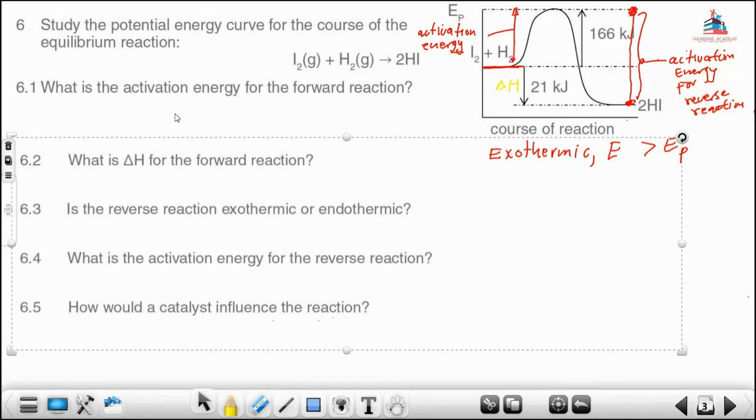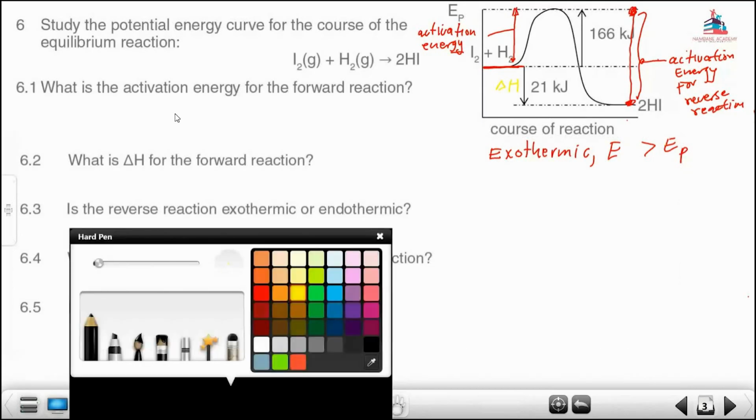Let's check the questions. What is the activation energy for the forward reaction? Can you see that we already answered that?